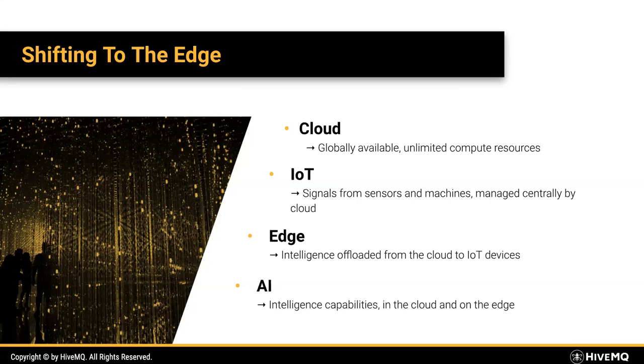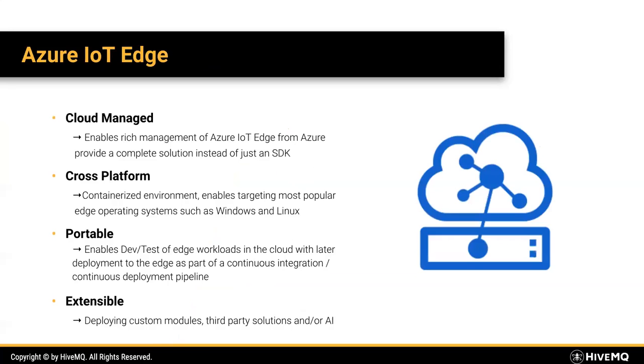Okay, next one. How does Azure answer these challenges? Azure offers what we call Azure IoT Edge, a fully managed service built on Azure IoT Hub. Now, what is Azure IoT Hub?